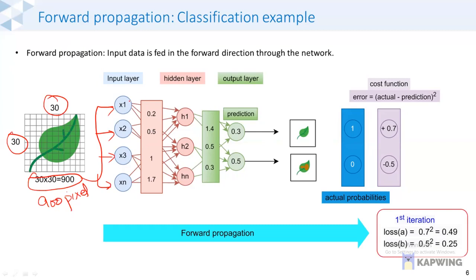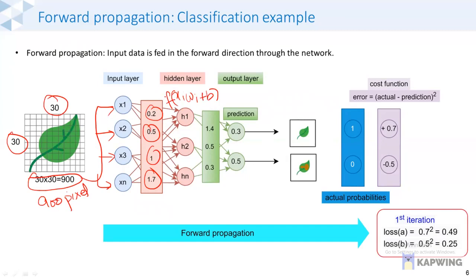The input layer is connected to the hidden layer with channels, and we initialize the channels with random weights. At hidden layer h1, all of the input values are multiplied by their respective weights and added, a bias value is added, and then we apply an activation function.